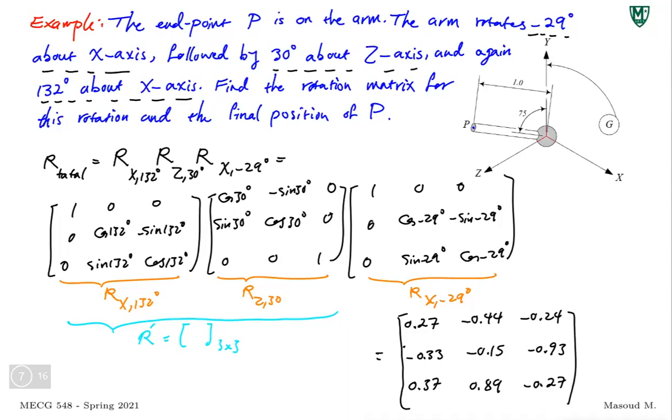This becomes your final. So our total becomes this. For the whole rotation, this is the rotation matrix after all these three rotations.